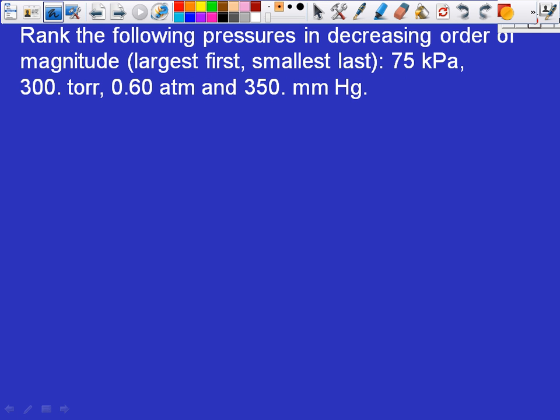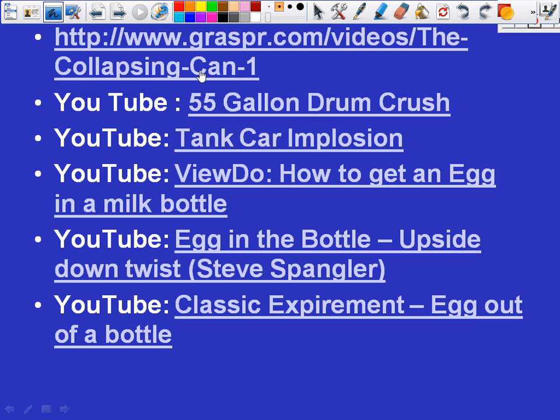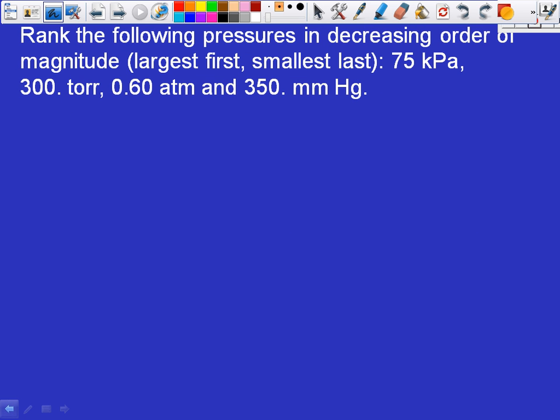All right, rank the following pressures in decreasing order of magnitude. So basically, we want the largest pressure first. Apologies. We want the largest pressure first, and then we want the smallest last. But here's the issue. We have a kilopascal, we have a torr, we have an ATM, and we have a millimeters of mercury.